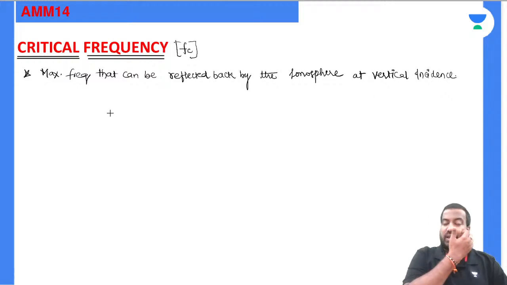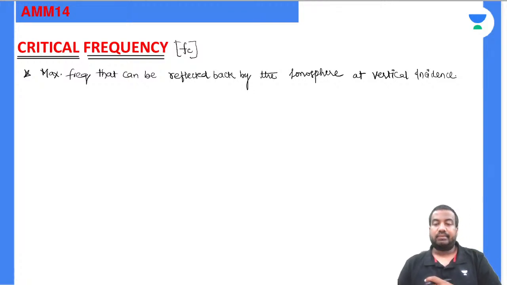This is one definition. Can anyone tell me what is vertical incidence?